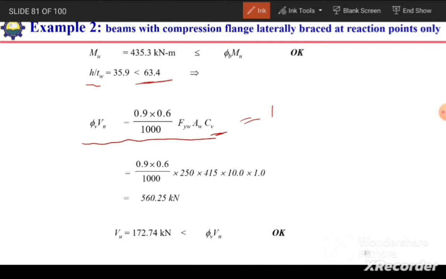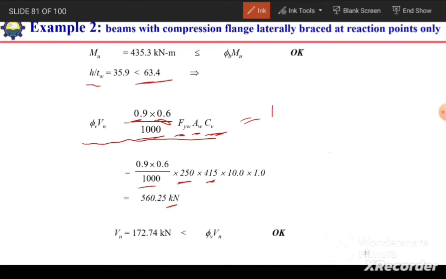So here the shear capacity will be equal to φVn, where φ is 0.9 and Vn is equal to 0.6 times Fy times area of web times Cv, divided by 1000 to convert it into kilonewton. So 0.9 into 0.6 divided by 1000 into 250 Fy.